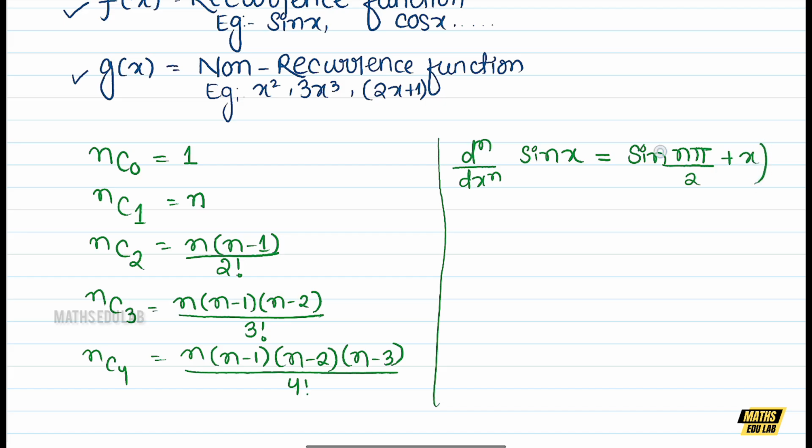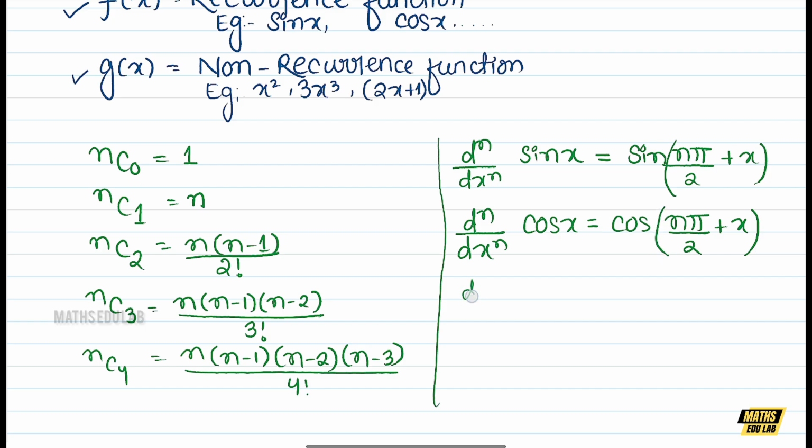This is what we have for the nth order derivative of sin x. And similarly, the nth order derivative of cos x is equal to cos(n pi by 2 plus x).